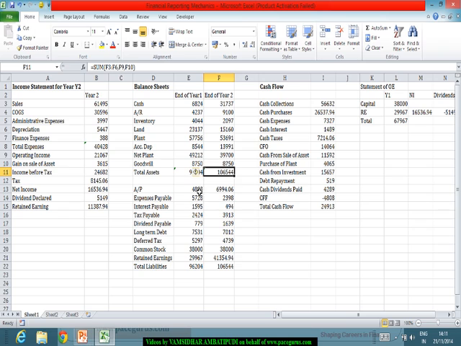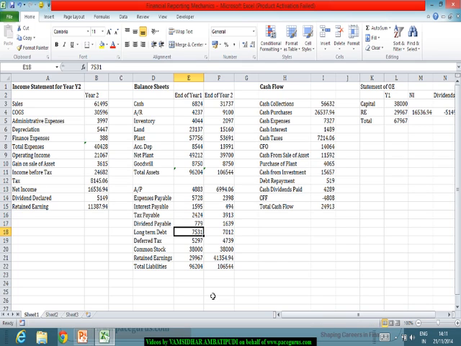year 2. The same way I could look at a few liabilities: accounts payables, administrative expenses payable, interest payable, tax payable, dividend payable, long-term debt. All these are going as a part of operating activities.